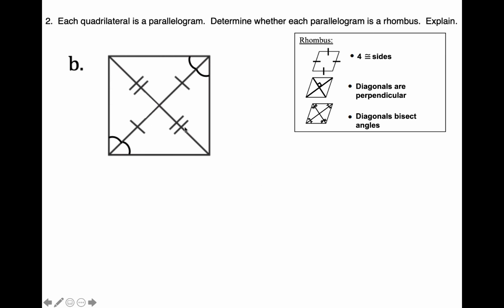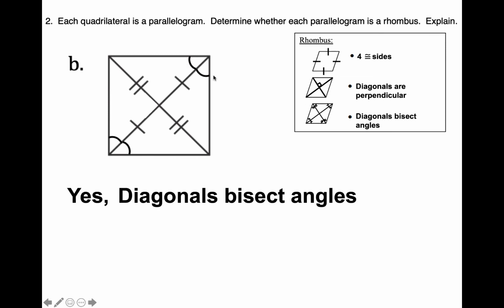For B, notice the diagonals are not congruent, but they are bisecting each other. But then notice that these angles are also marked equal, and that's a property of a rhombus where the diagonals bisect the angles. So therefore, yes, it is a rhombus because the diagonals are bisecting the angles.